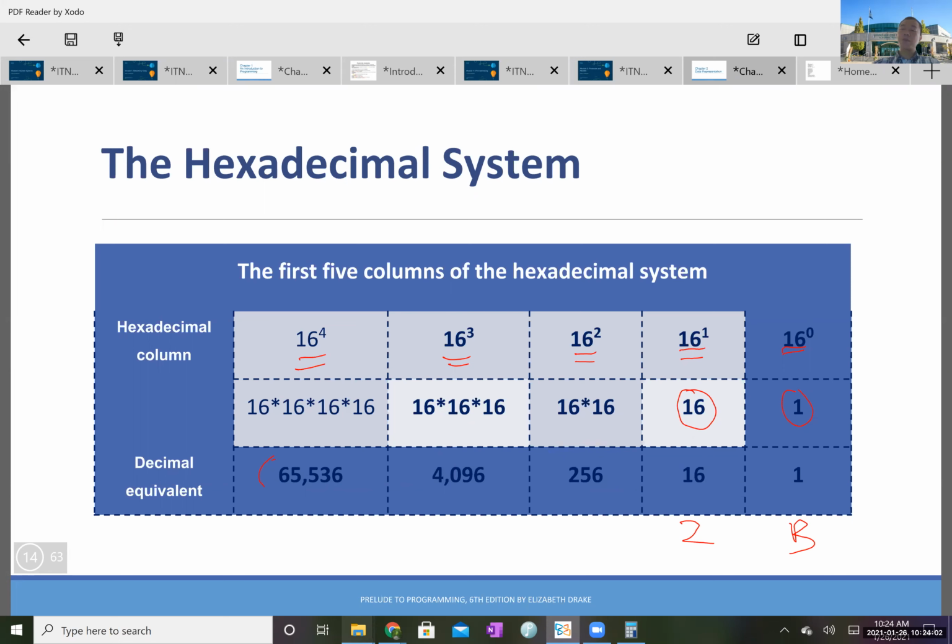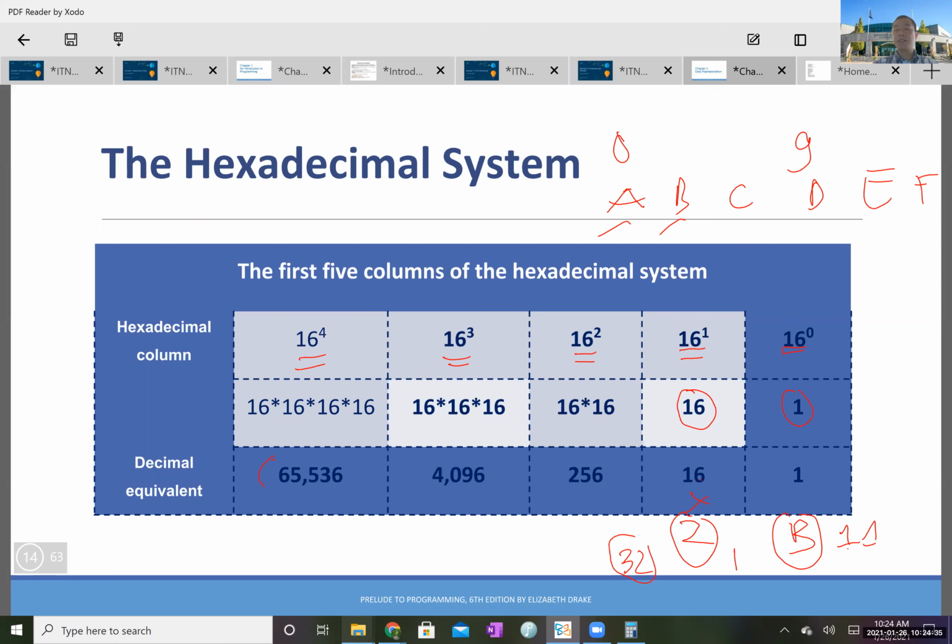Okay, so now remember everything about hexadecimal. You have everything from 0 to 9, and after that you have A, B, C, D, E and F. A is 10, B is 11. So for B here, you have 11 in this column. And for 2 here, 2 times 16 gives you 32. 11 times 1 is 11. So you have 32 in this column and 11 in this column.